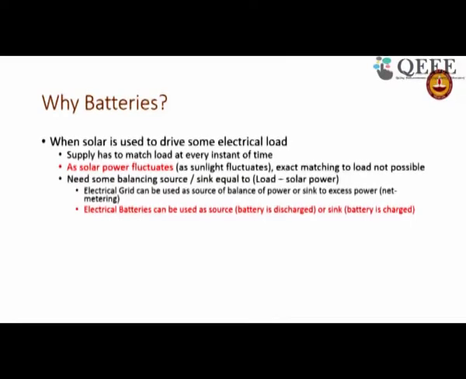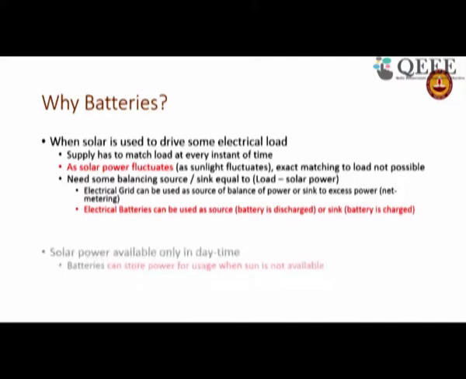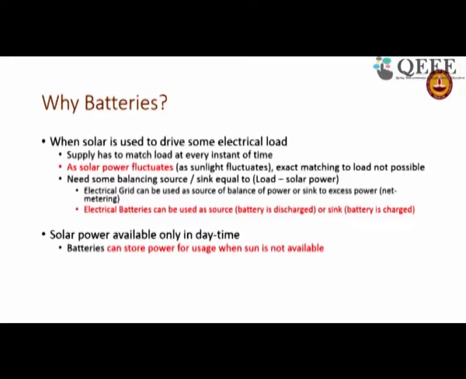If you could put a battery, it can either charge or discharge. So battery is extremely important for local balancing of power. The only problem is battery power is very expensive. Very expensive. We'll give you the numbers in the end.